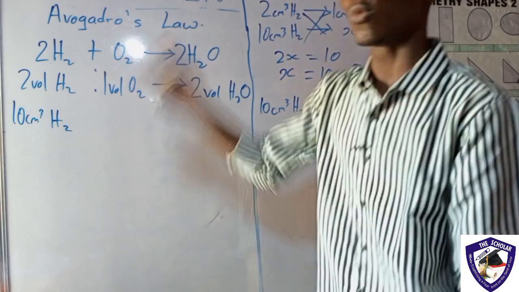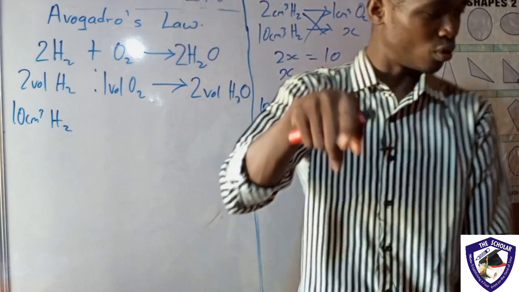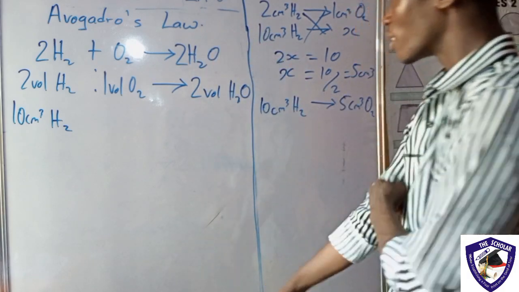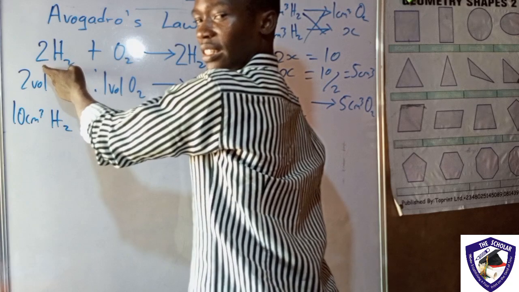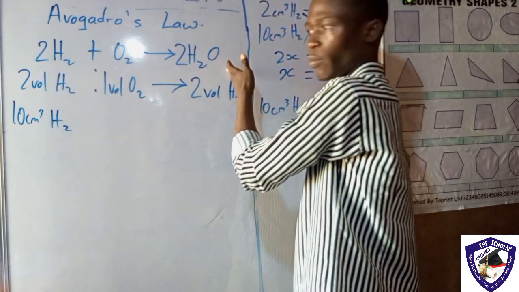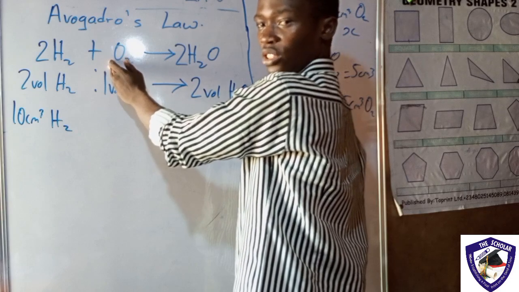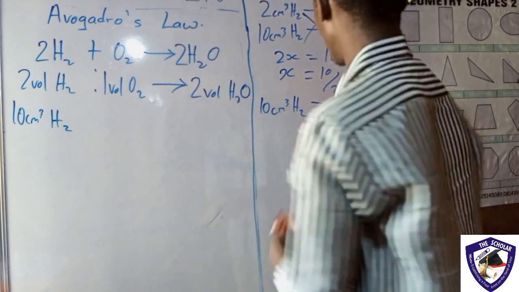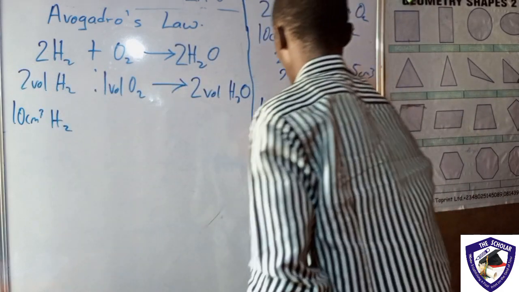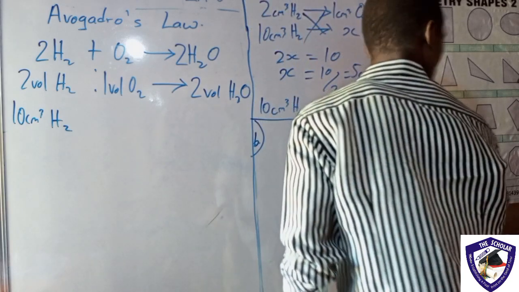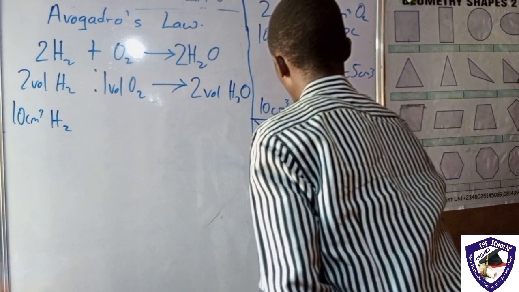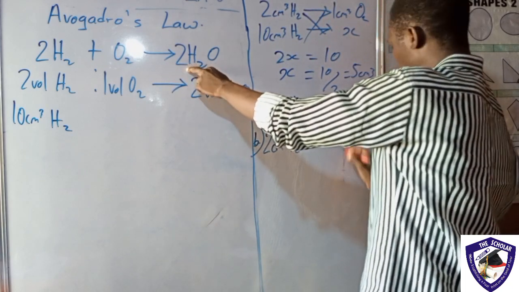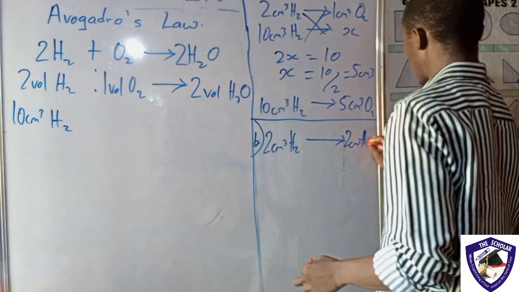The next question says we should calculate the amount of water vapor produced in centimeter cube. Now, you can take hydrogen to calculate the water vapor, or you take the other constituent, which is oxygen. Let's take hydrogen. 2 moles of hydrogen. 2 centimeter cube of hydrogen gave us 2 centimeter cube of H2O.